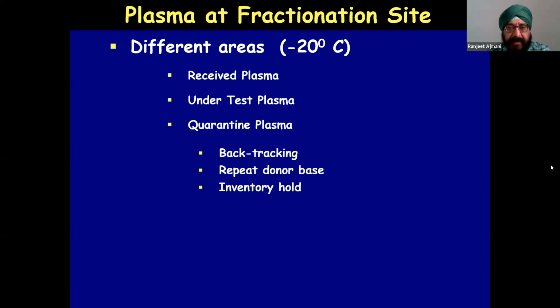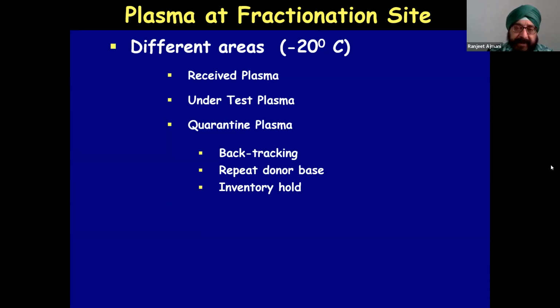This quarantine plasma concept is there in China, US, and Europe, but it's really not existent in the entire Asian country. And just to give a little more perspective to it, backtracking. Backtracking means you should be able to track each vial of the product to the bag, each bag of plasma which you use in the system.